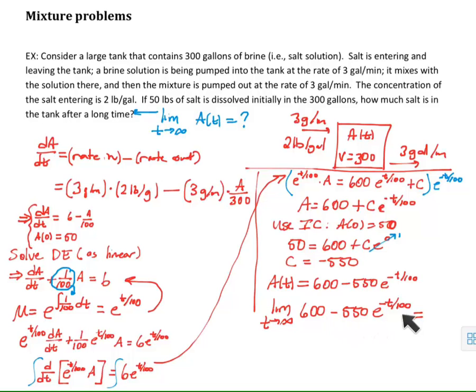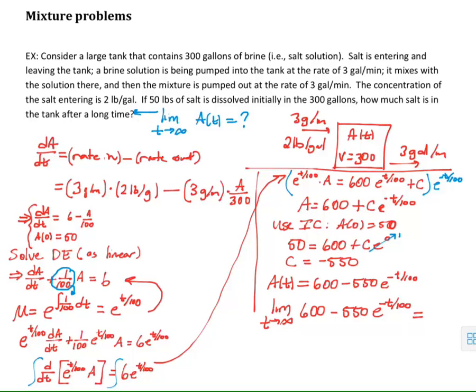What happens to e to the minus t over 100 as t gets large? It gets itty bitty. Why? Well, it's the bottom of a fraction, right? e to the minus t over 100 is the same thing as 1 over e to the t over 100. And as the exponent gets large, then e to a large power gets really big. In fact, it gets big fast, but it's the bottom of a fraction, so the whole fraction goes to 0.